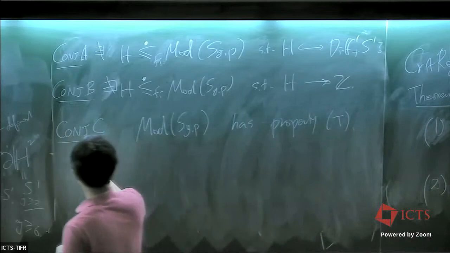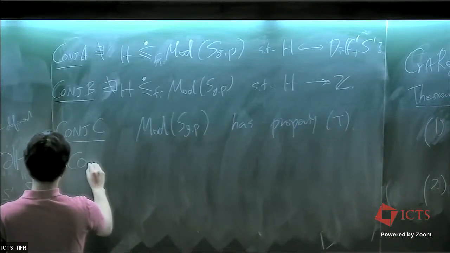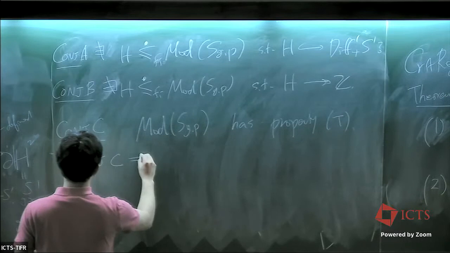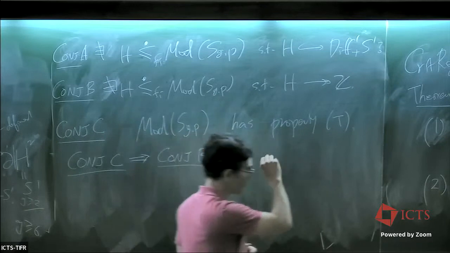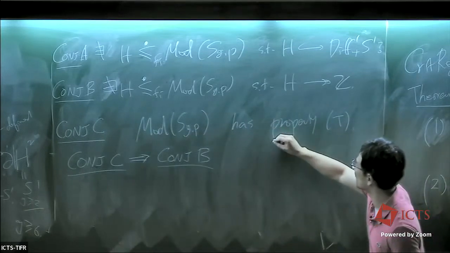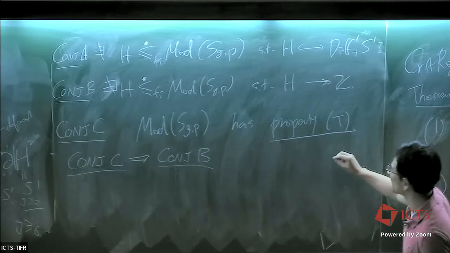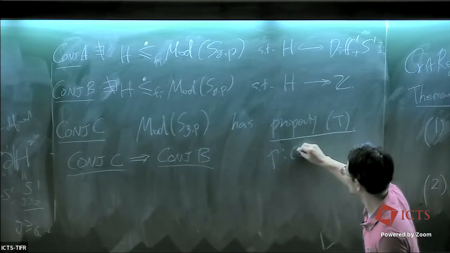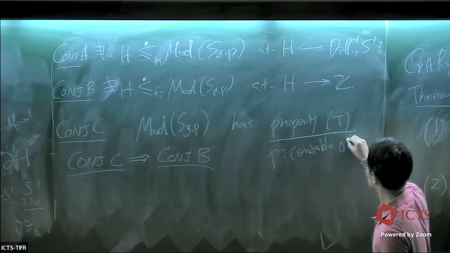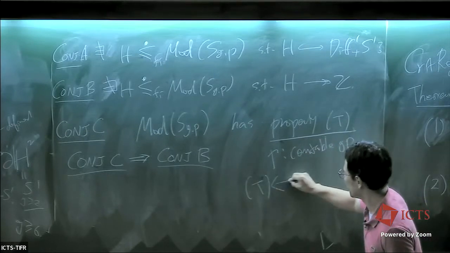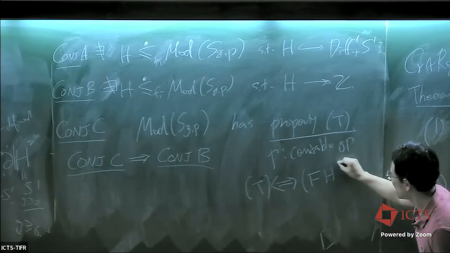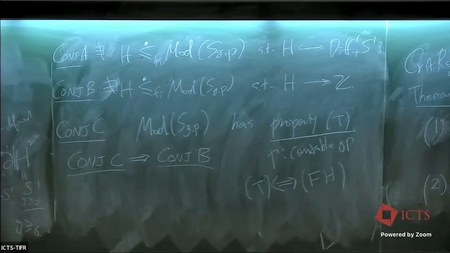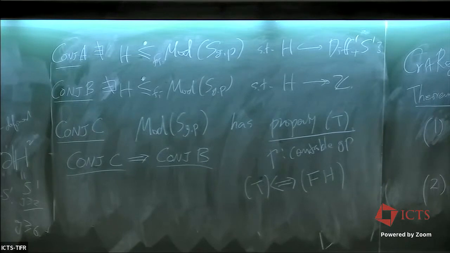Right, so let's see. First of all, conjecture C trivially implies conjecture B. Also, I didn't define what property T is, but because it has never been defined in this workshop, I'll just briefly say that for a countable group, property T can be defined as the property of fixed point existence for Hilbert space actions. So whatever isometric action of Gamma you have on a Hilbert space, it must fix a point.